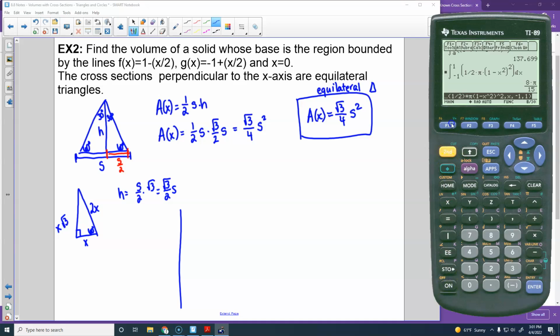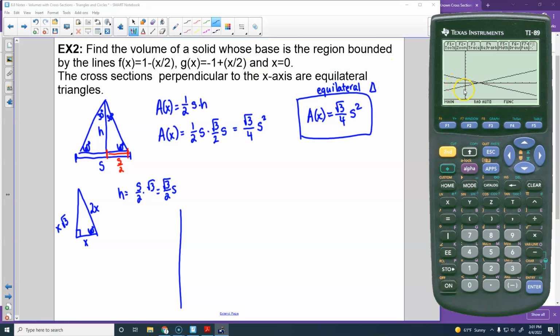Is it like two straight lines and then we put the bases like the I think it's really just 1 minus 1/2 x and negative 1 plus 1/2 x.